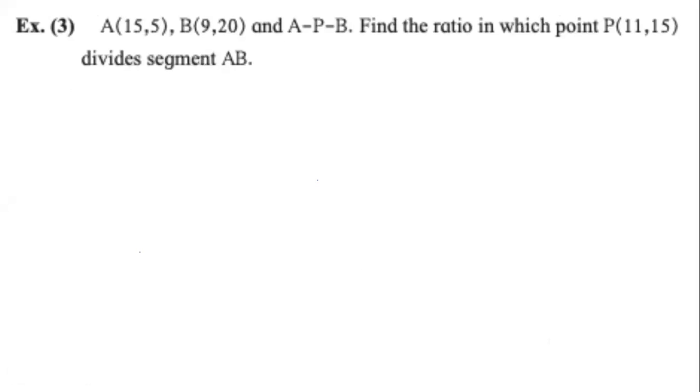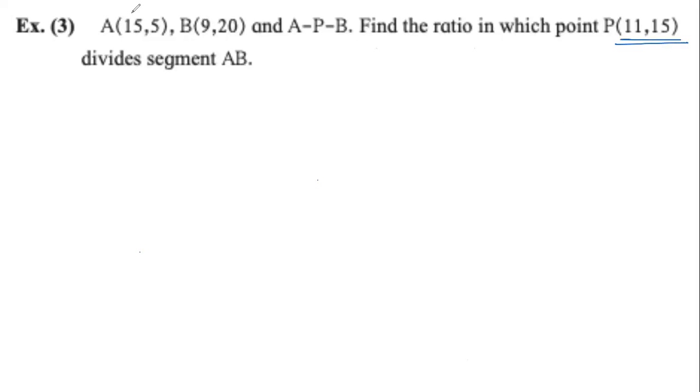APB are collinear points where P is in between A and B. Find the ratio. Now see, here is the difference. We have to find the ratio in which the point P, whose coordinates are given as 11, 15, divides the segment.